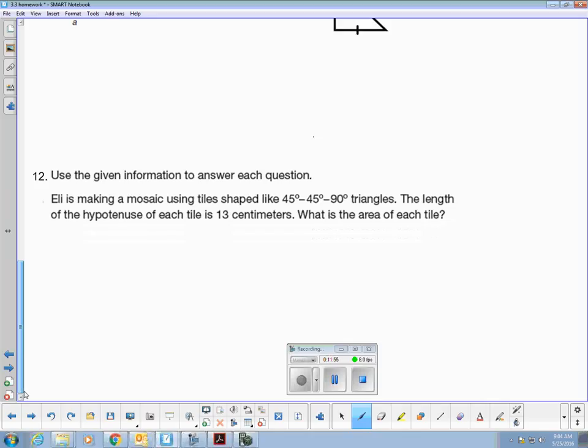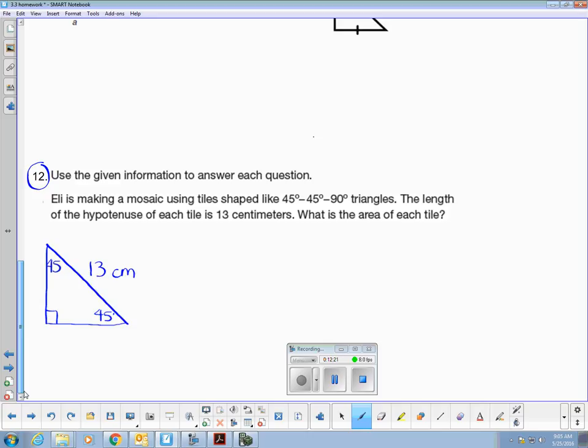And again, we're going to begin with a diagram for number 12, which involves a mosaic tile that's in the shape of a 45, 45, 90. And in this tile, the length of the hypotenuse is 13 centimeters. The question is, what is the area of the tile?